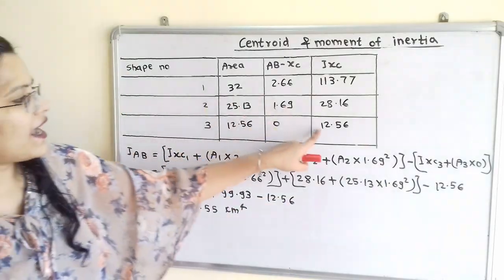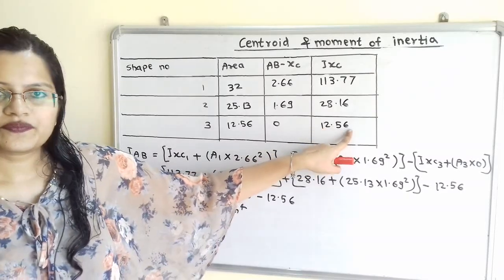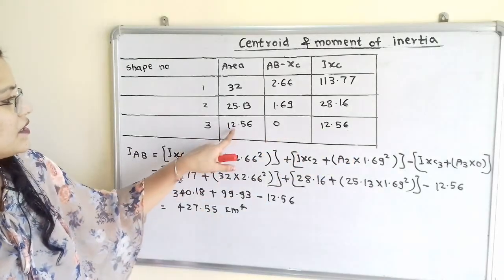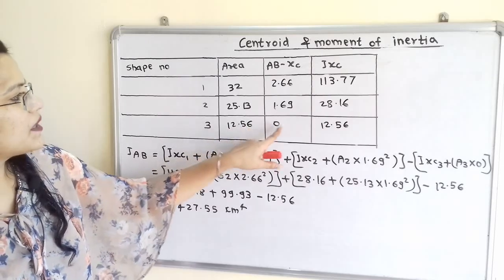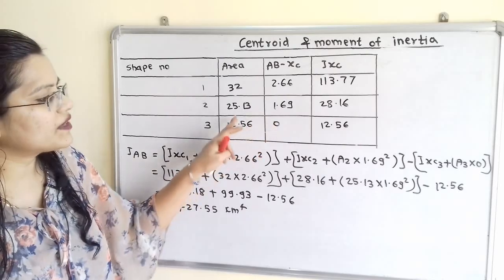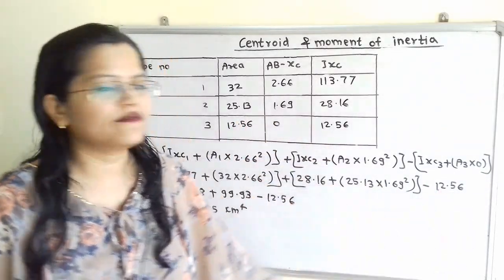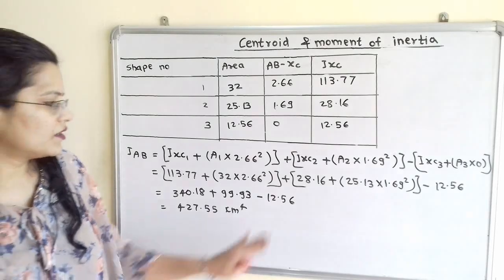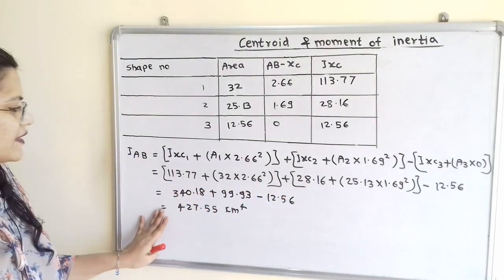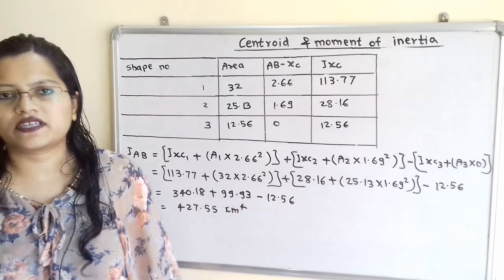So we have to take Ixc3, that is 12.56 plus 12.56 multiplied by 0. So here this whole term will become 0. So we have to take here minus 12.56. So when we calculate this, we will get the answer 427.55 cm raised to 4.